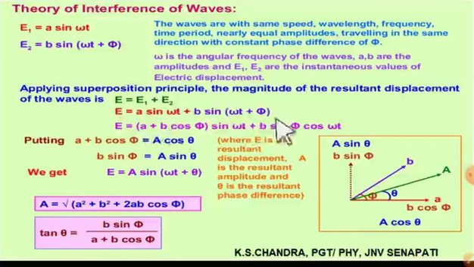And if you do that simplification by using sine of (a plus b), which is equal to sine a cos b plus cos a sine b, that is sine omega t cos phi plus cos omega t sine phi. If you do that expression here and rearrange it, then it will be obtained like this. From where it is coming out, you just see.